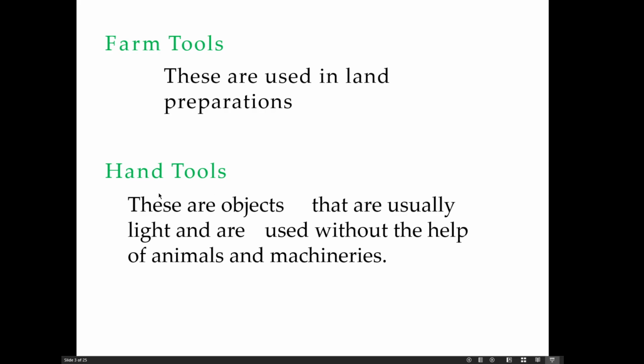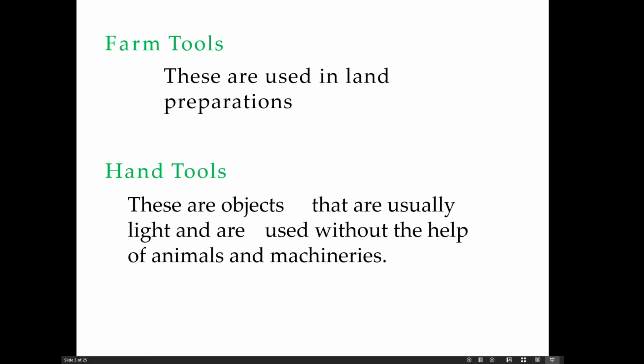And also, we have the hand tools. Hand tools are objects that are usually light and are used without the help of animals and machineries. From the word itself, hand tools. Ano ba ang hand tools? It is more of using your hands. Kaya nga hand tools. In the latter part of the discussion, you will be able to see the different types of hand tools.